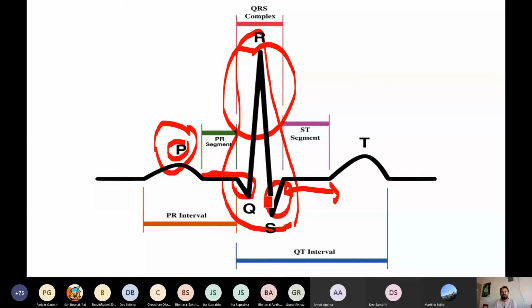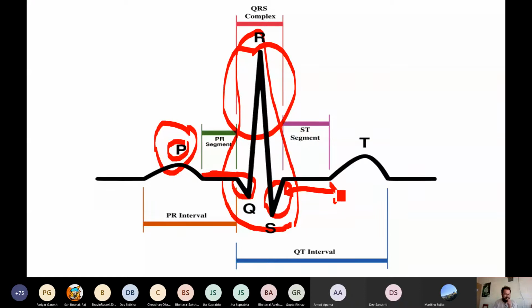Okay, and this PQRS is not always biphasic or triphasic. Okay, either Q will be positive, R will be negative, depending on which lead you are looking at this ECG from. Okay, and what is the basic function?